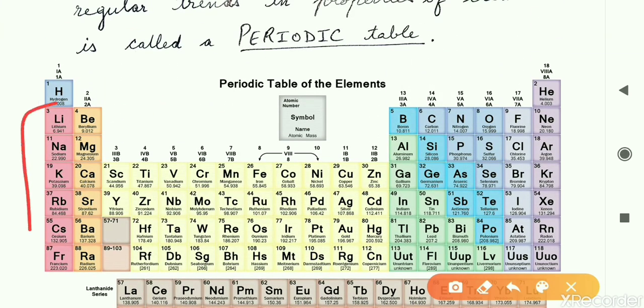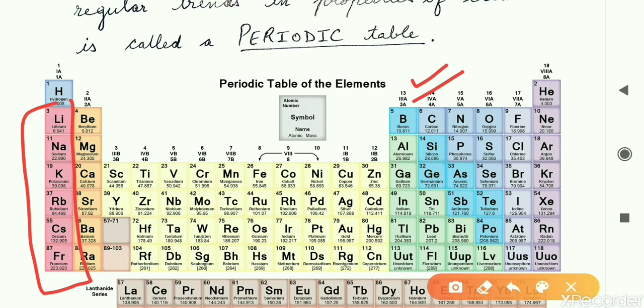If you see here in the periodic table, all these elements in group number 1 have one valence electron. So they belong to which group? 1, because the number of valence electrons is also 1. The second one, group number 2, so valence electrons will also be 2, followed by group number 13. So don't say 13 valence electrons.